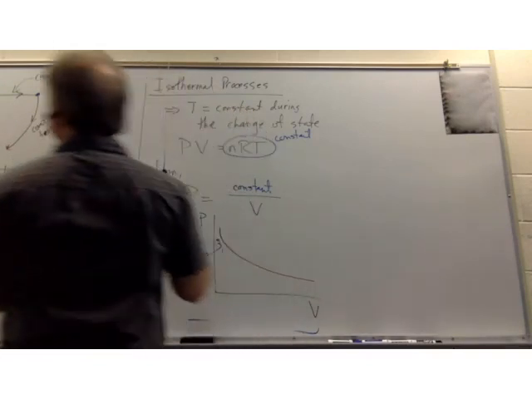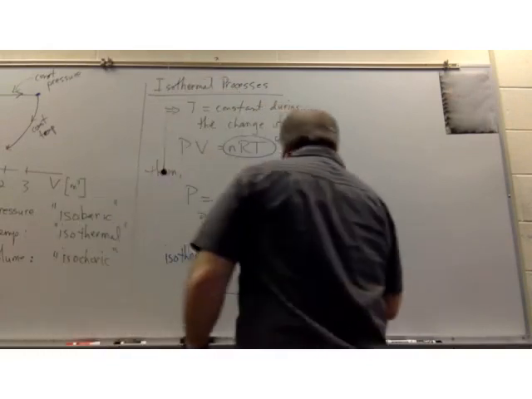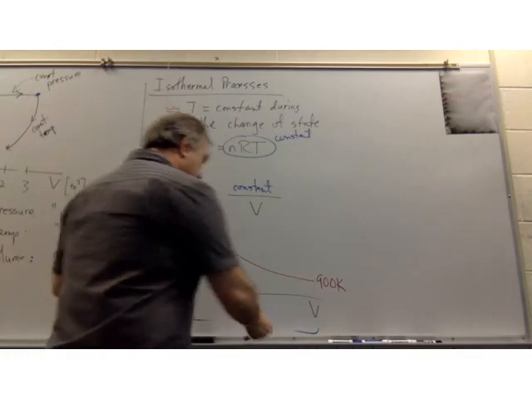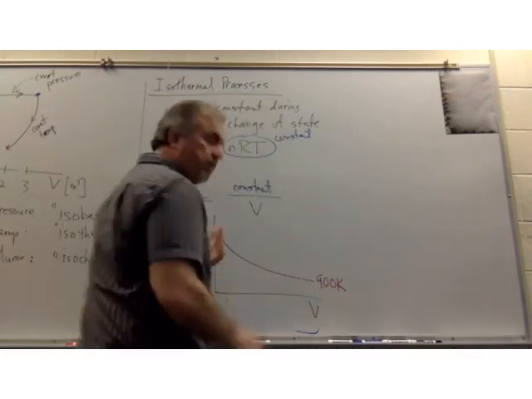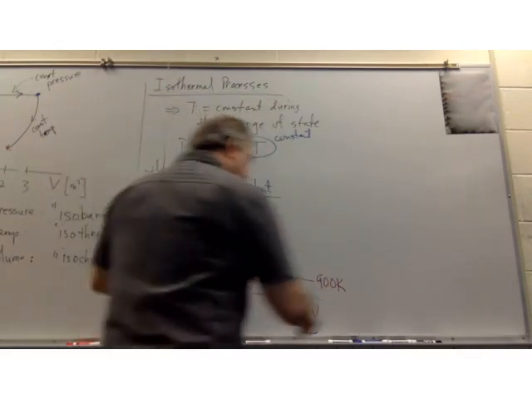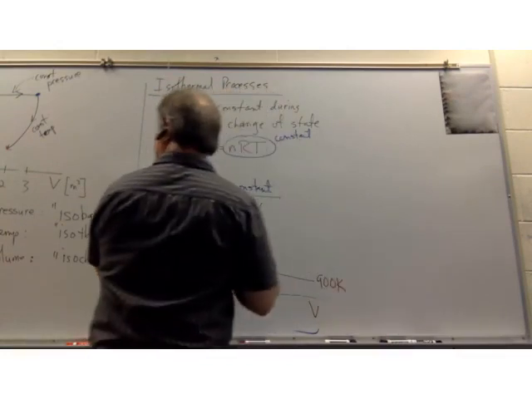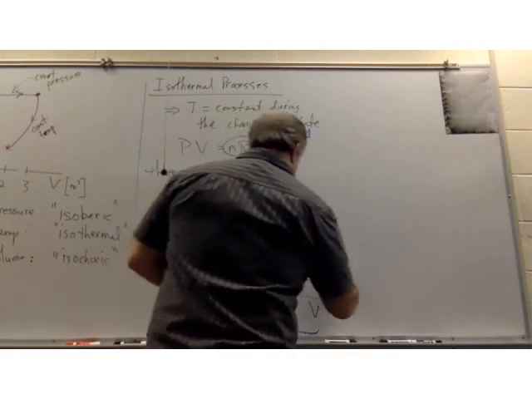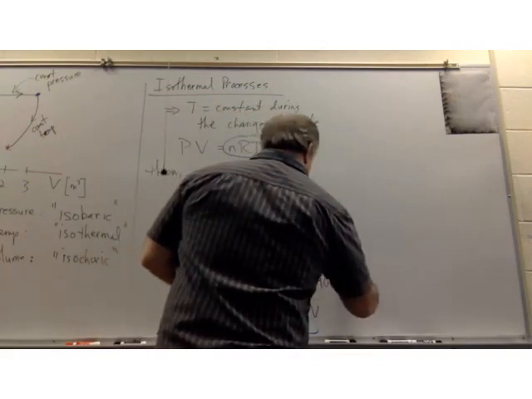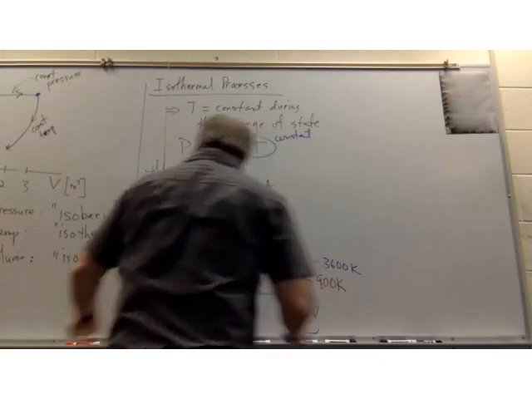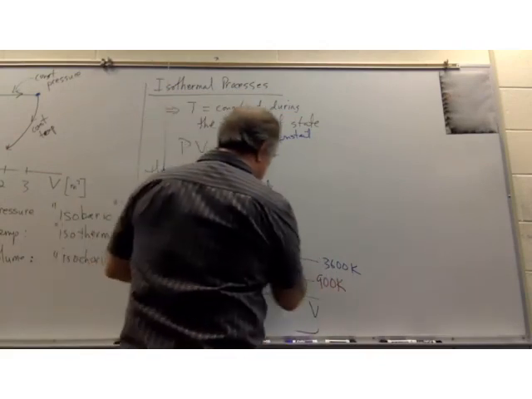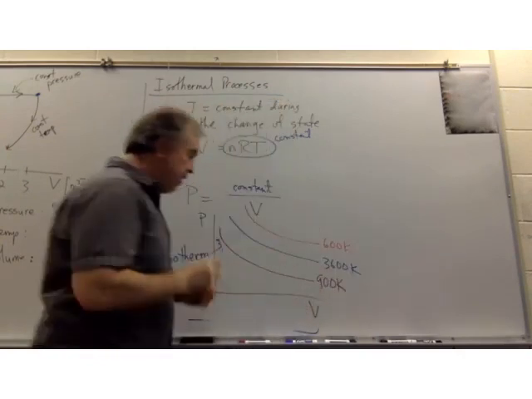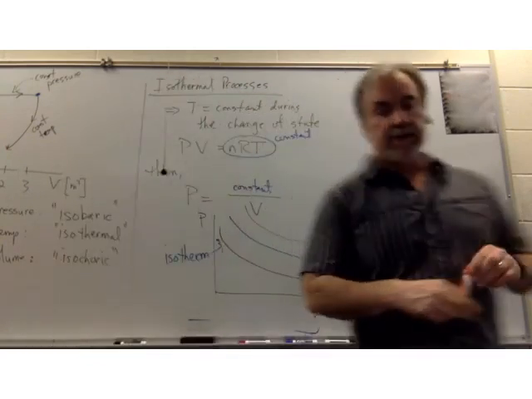State 1 is a constant temperature of 900 Kelvin, let's suppose. Okay. State 2 is at a constant 3600. And state 3, constant 600, perhaps.